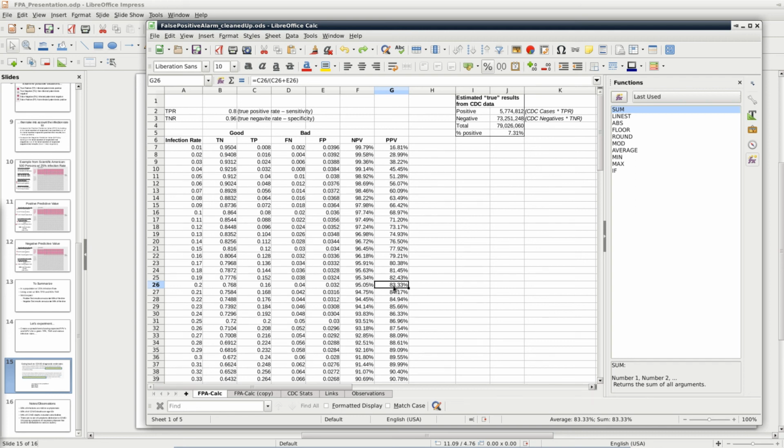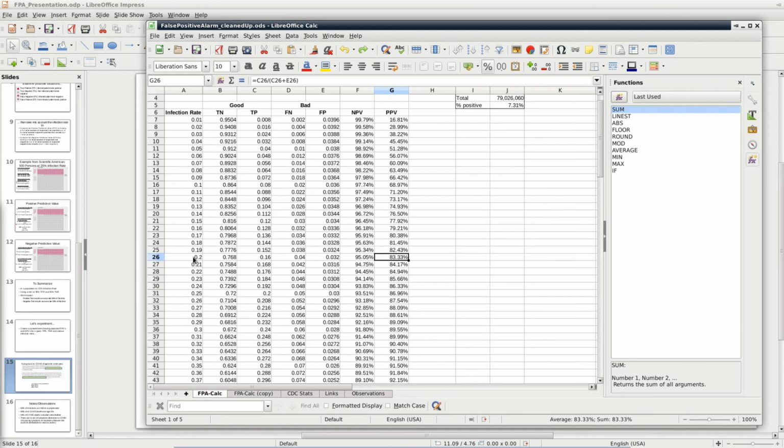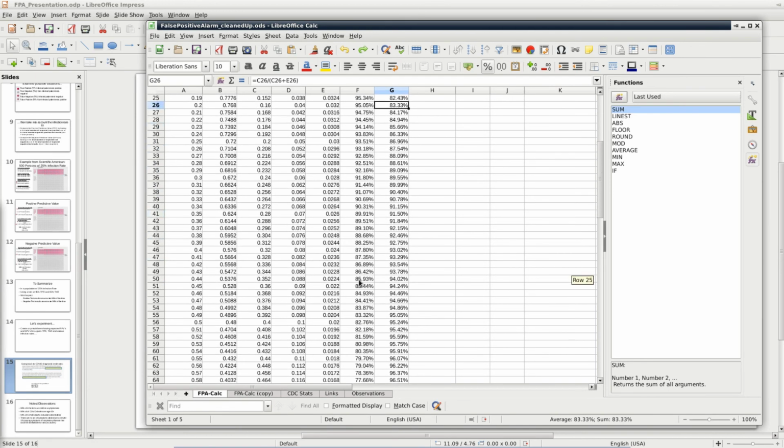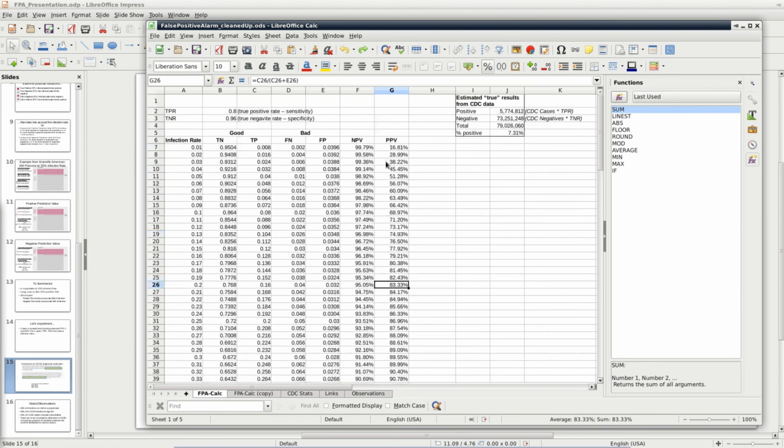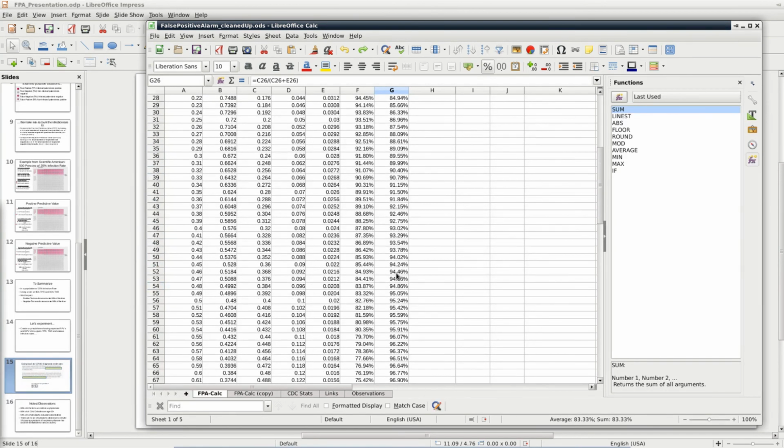And notice as the infection rate goes up, the negative predictive value goes down, but the positive predictive value goes up. See? By the time you're at 50% infection rate, a positive test result is 95% likely to be a true positive. But the negative is only 82%.